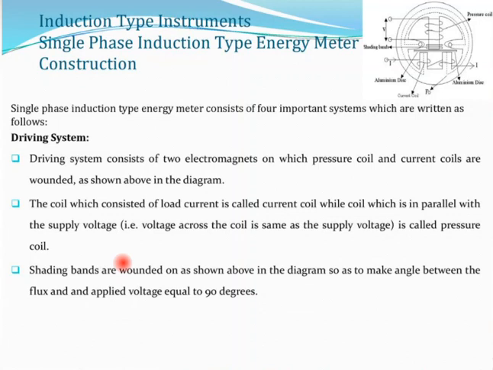The coil which carries the load current is called the current coil, while the coil which is in parallel with the supply voltage, so the voltage across the coil is the same as the supply voltage, is called the pressure coil. Shading bands are wound as shown in the diagram, so as to make the angle between the flux and the applied voltage equal to 90 degrees.